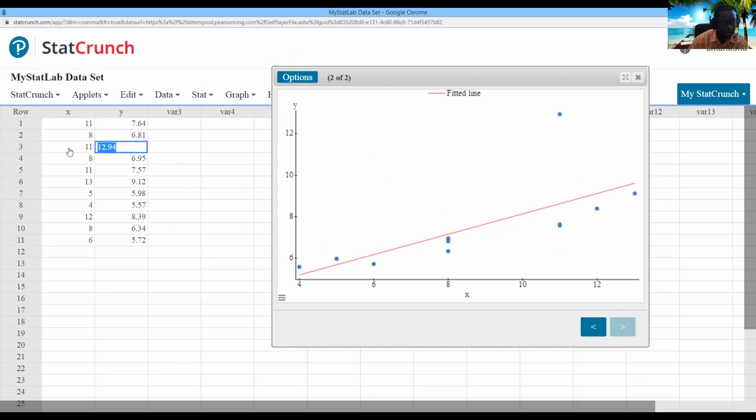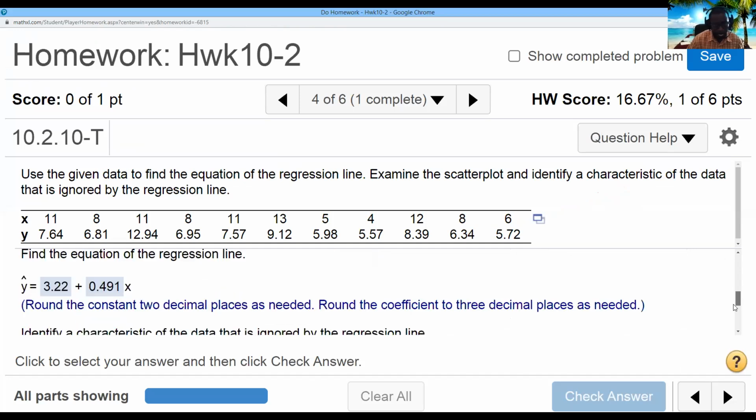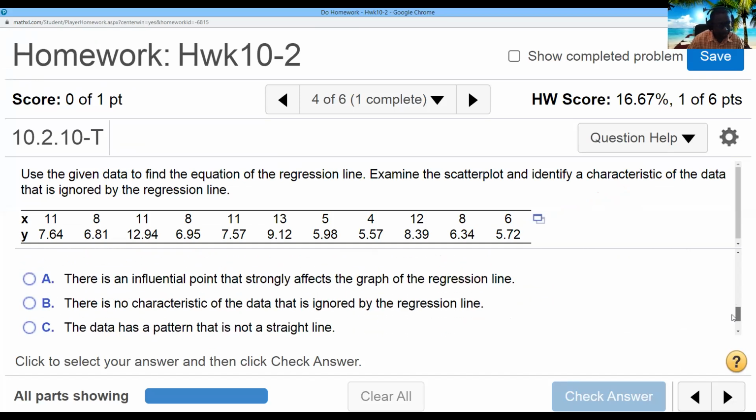If I remove this and construct the scatter plot again, it will be different. So the answer is that there's an influential point that strongly affects the graph of the regression line.